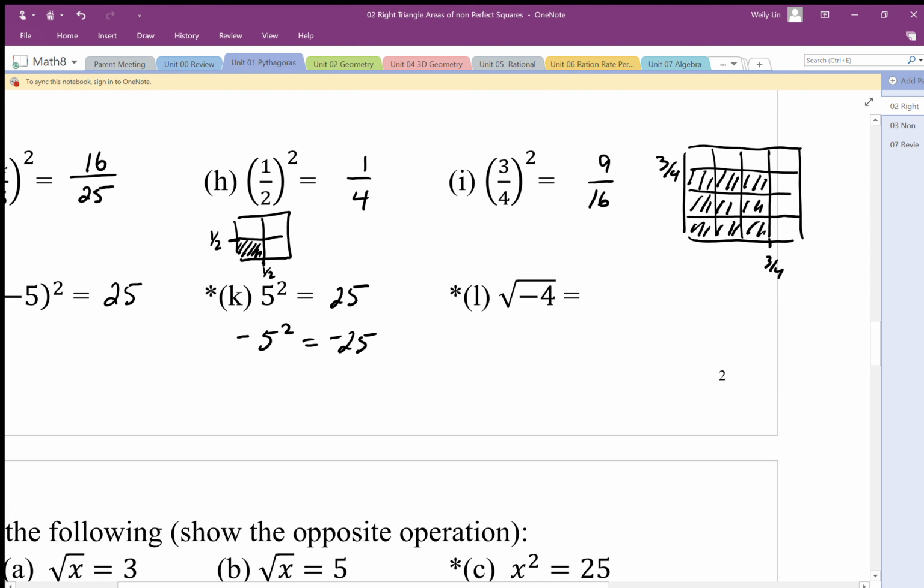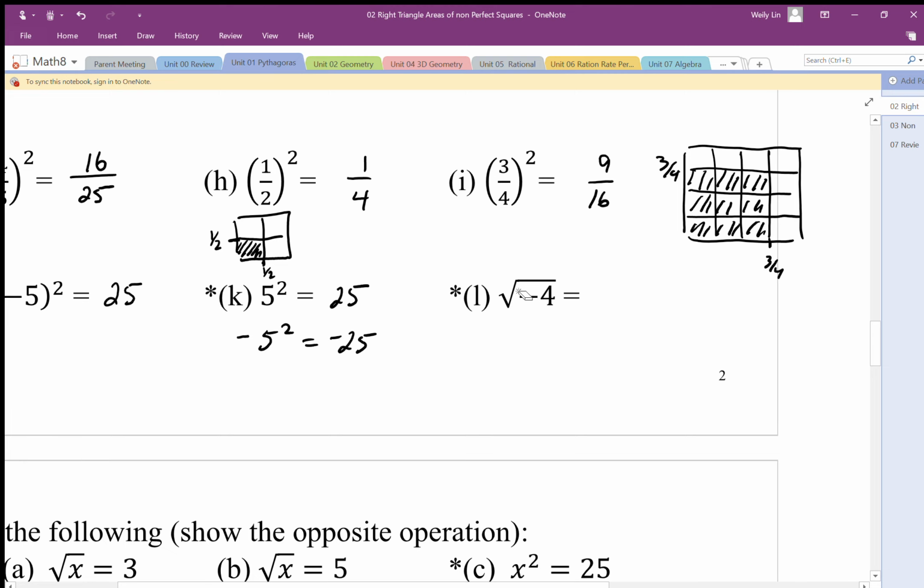And then lastly, the square root of -4. If I think of this in terms of multiplication, which I can always go back to in order to understand squares, two numbers that multiply to 4 are 2 times 2.